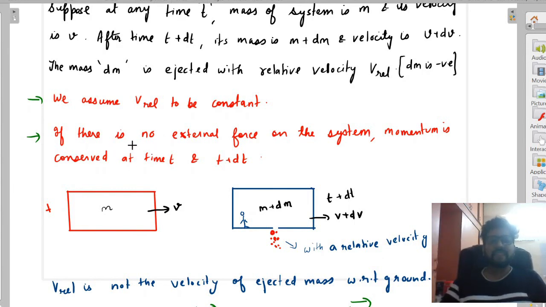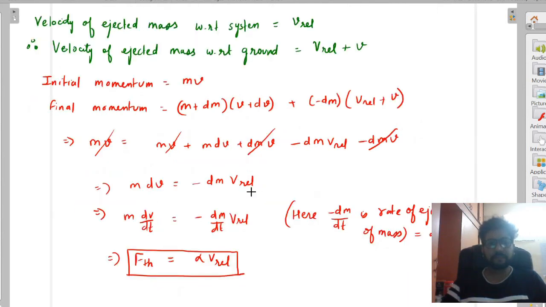So if there is no external force on the system, you will say that the momentum is conserved. That is, the momentum at this time has to be equal to the momentum at this time.